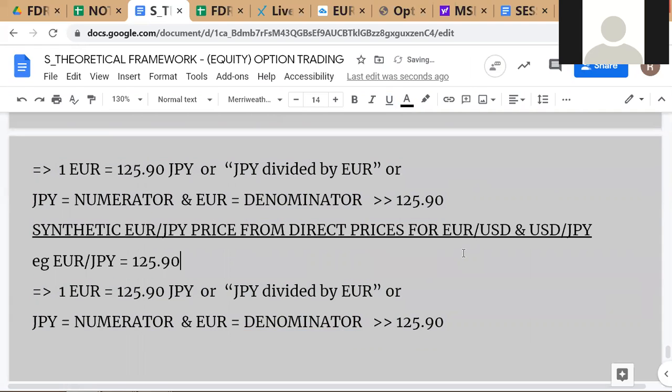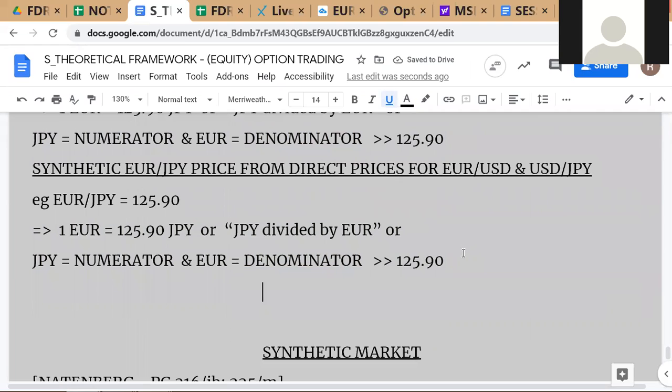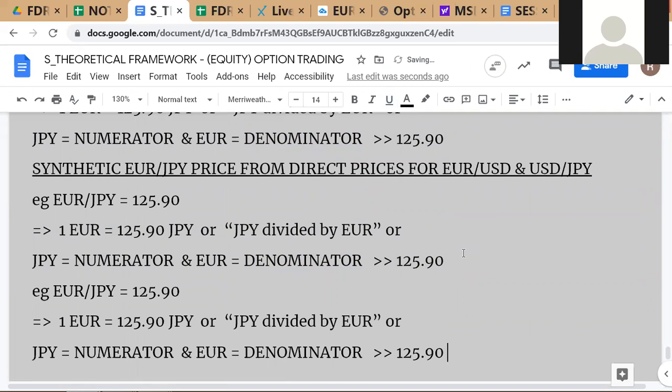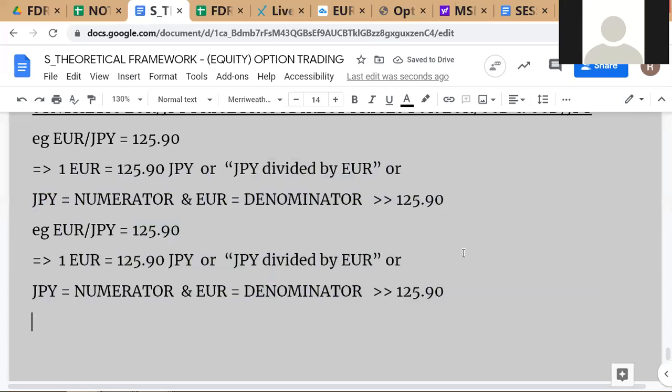Now, Euro USD, we are saying is 121.10. This implies that 1 euro is equal to 1.211 USD.